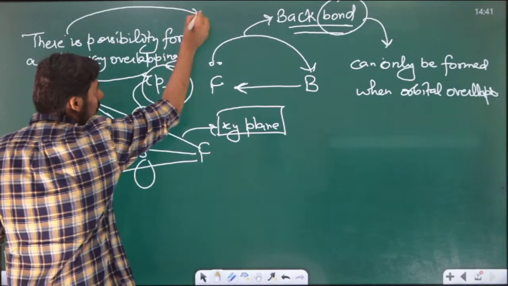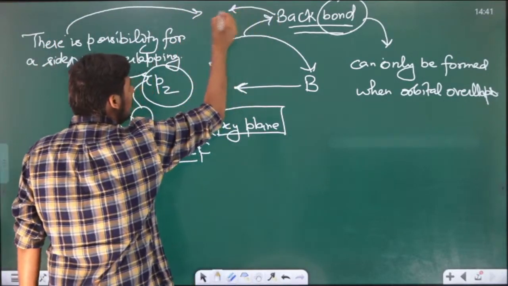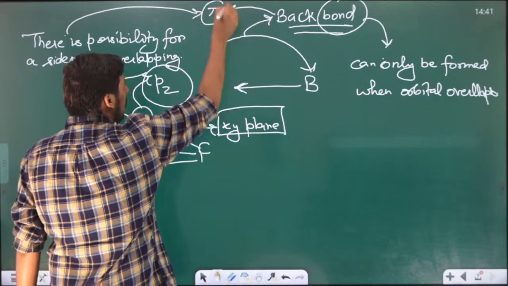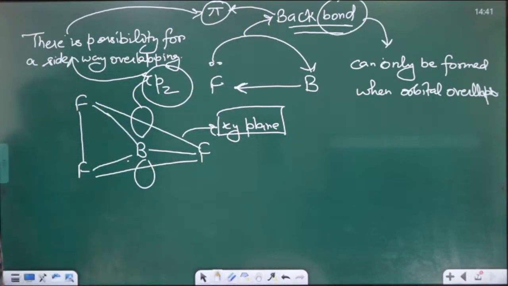What type of back bond is formed? This back bond is essentially going to be a pi bond, and pi bonds are generally, or we can say always, formed by atomic orbitals. These cannot be formed by hybrid orbitals.